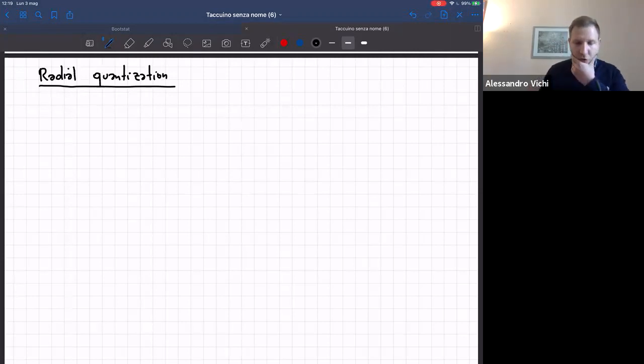Okay, good. So the first observation that I would like to make is that normally in quantum field theory, we're used to foliate the space with slices. And this defines the direction of time, since the operator that allows you to pass from one slice to the next is the evolution operator. Now, in this case, the usual foliation by flat surfaces is not very convenient for various reasons. First of all, because flat slices are not invariant under rotation around the origin.